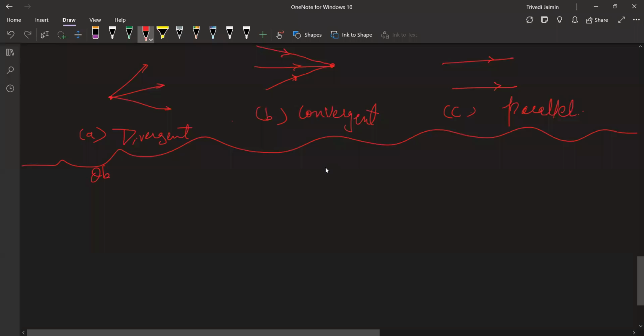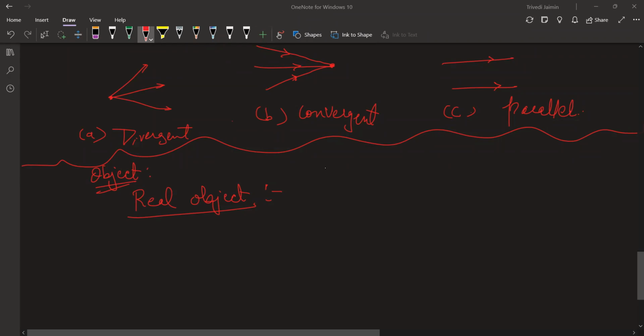Now, object. Real object. What do you mean by real object? Object that has mass. Object which has mass.